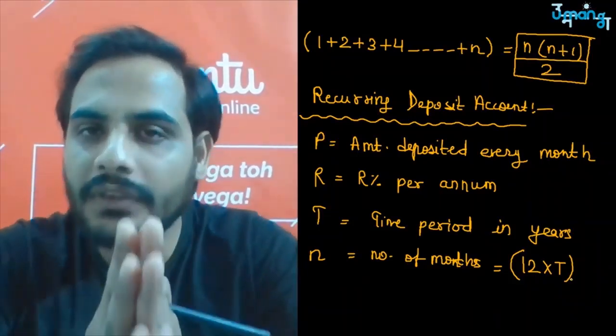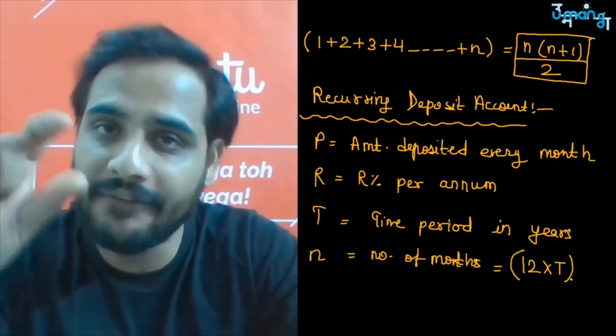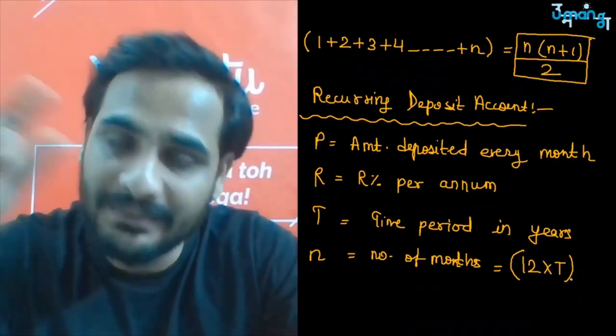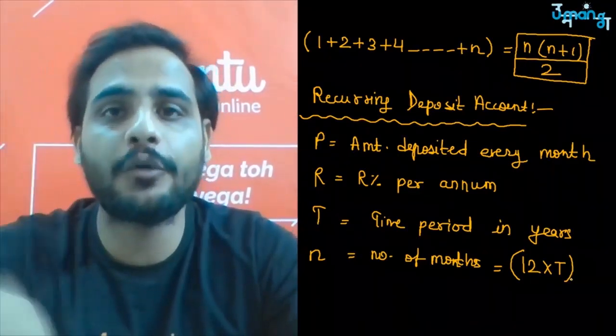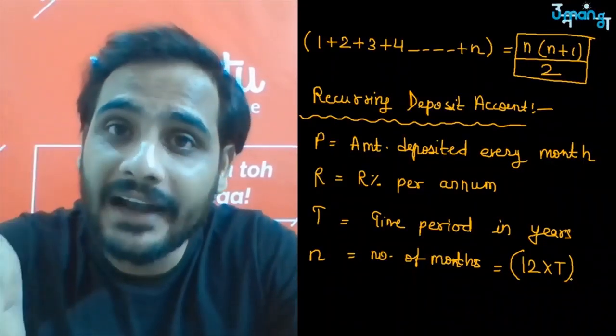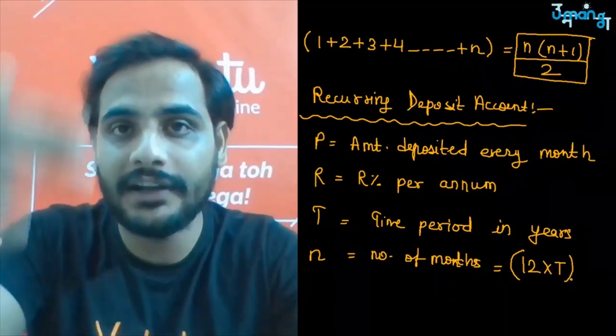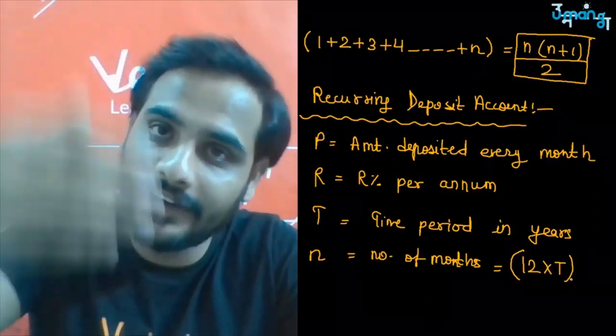Now in a recurring deposit account, you will submit some amount every month, say 100 rupees per month, and you will get the interest after every month. So here interest will be calculated after every month.